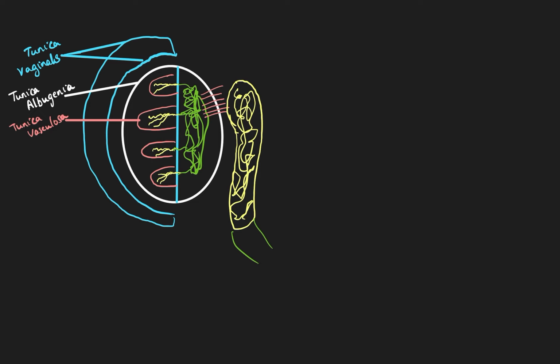Listen carefully. This is the structural and functional unit of the testis. This is the one responsible for production of sperms. So what is this unit called?